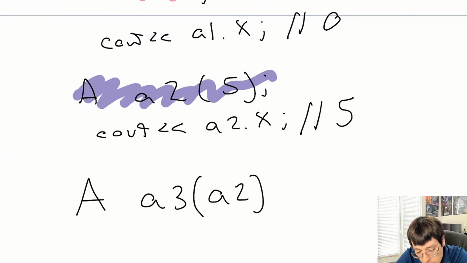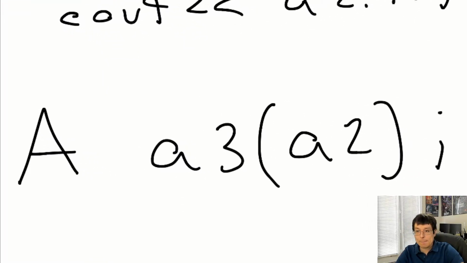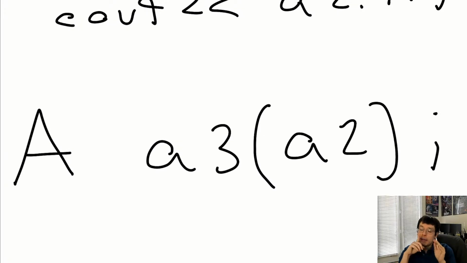Well, you can go and write this syntax. So in this syntax, what is happening is I'm making a brand new object called a3, but as the parameter for the constructor, I'm actually passing an object of a different one, in this case a2.